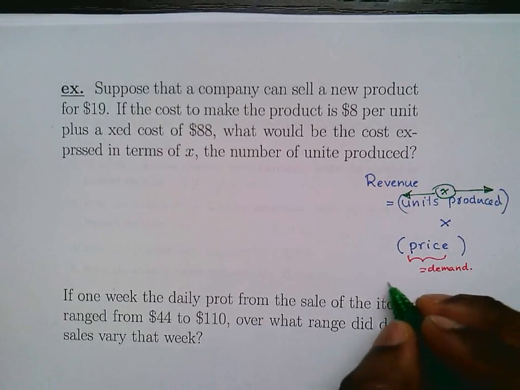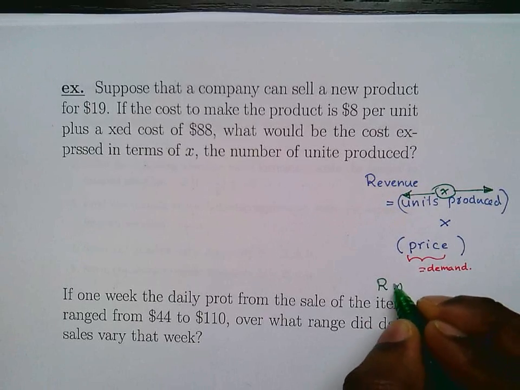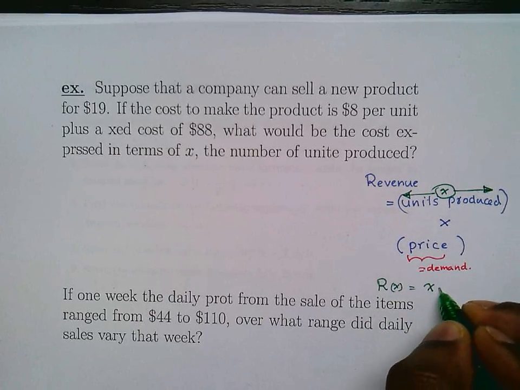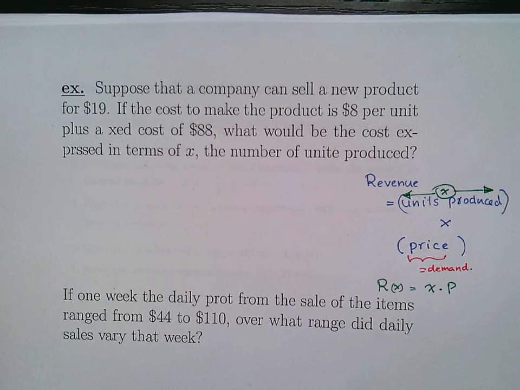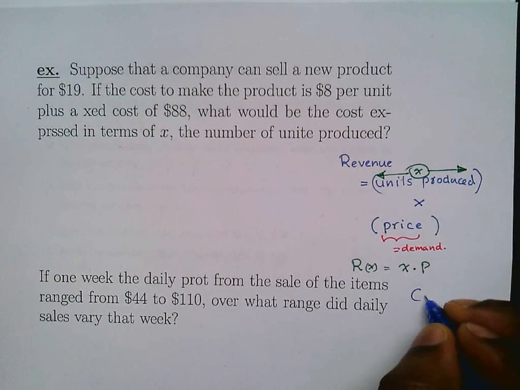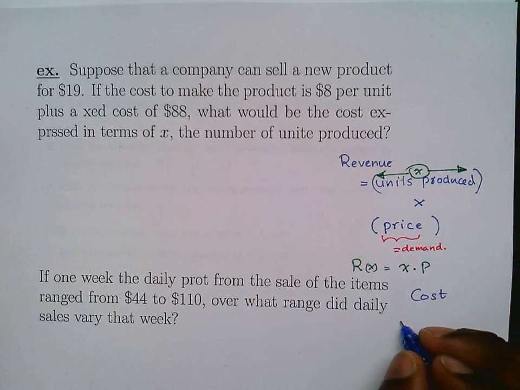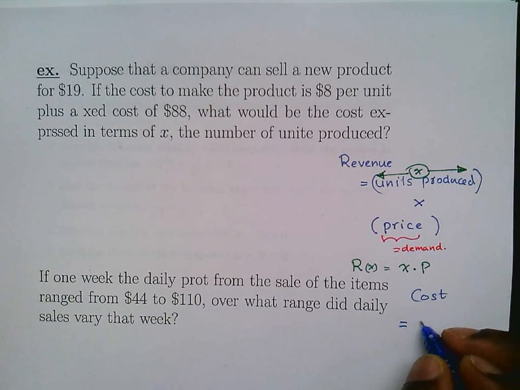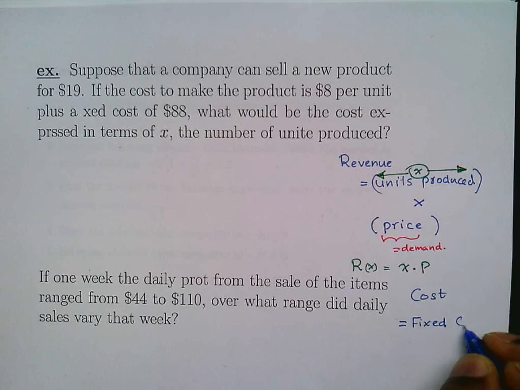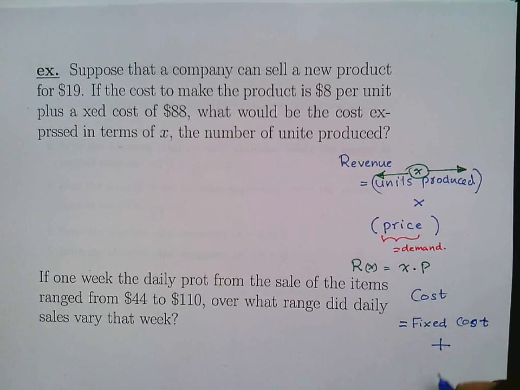So revenue is equal to X times P. Okay, and also there's something we discussed, the cost. The cost is equal to, sometimes we have to have a fixed cost which is to cover the initial expenses, and then to produce each item you will have a marginal cost.